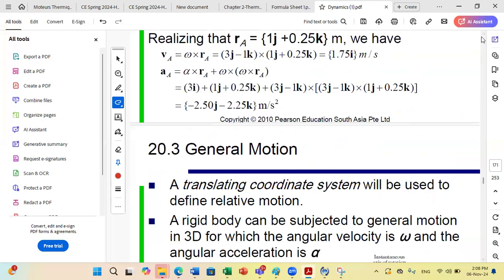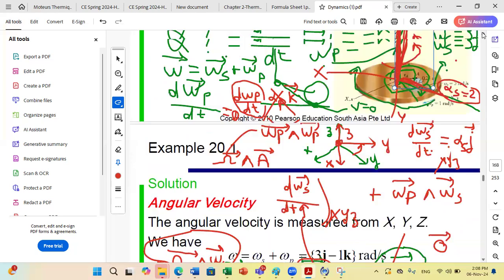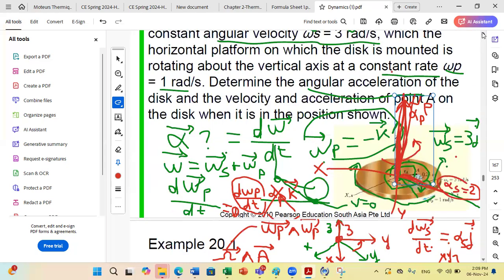Okay. They also asked in this problem to determine the velocity and the acceleration of point A on the disk when it is in the position shown.